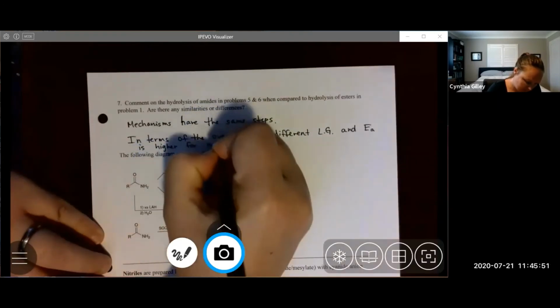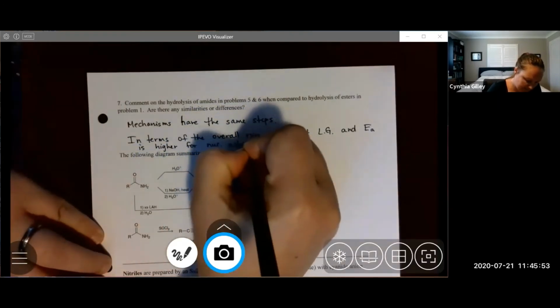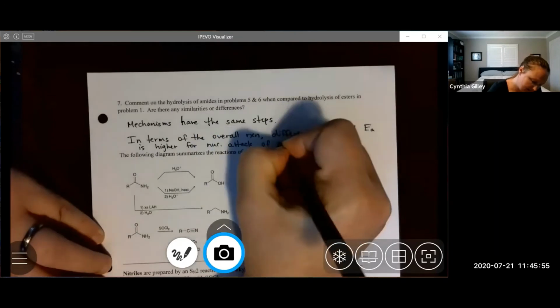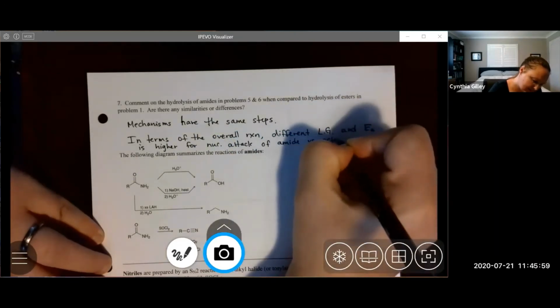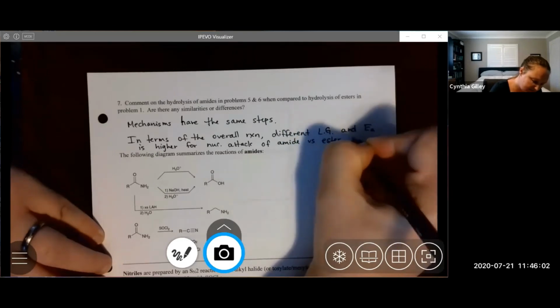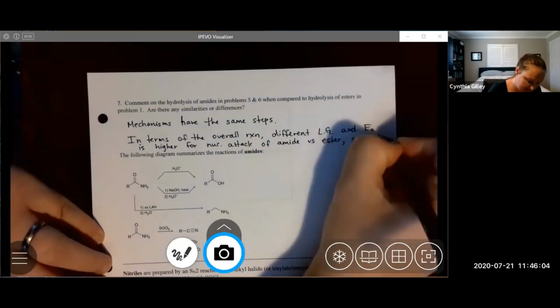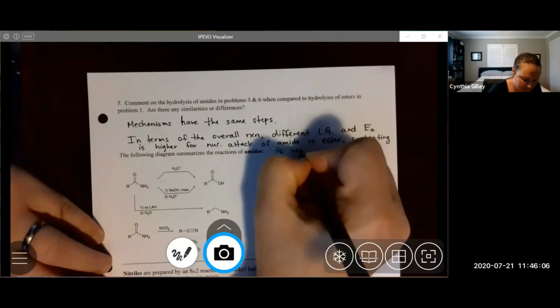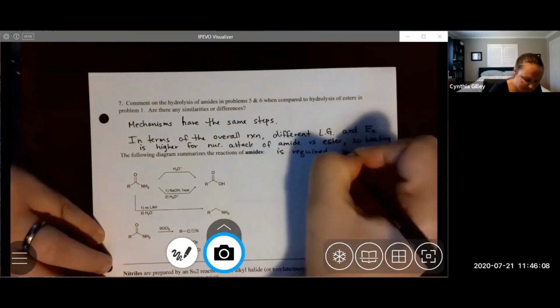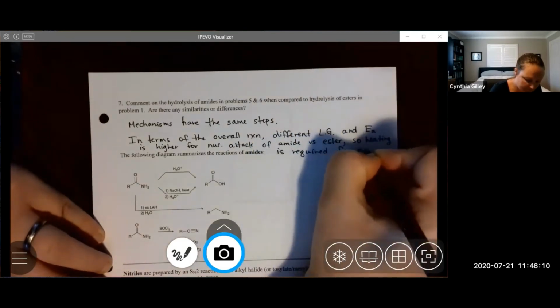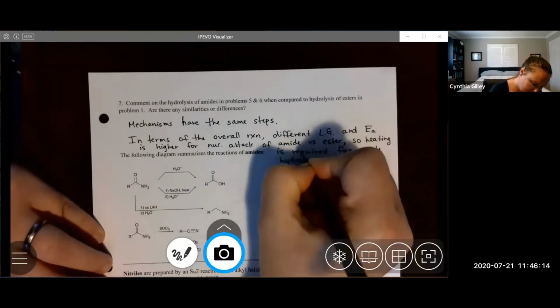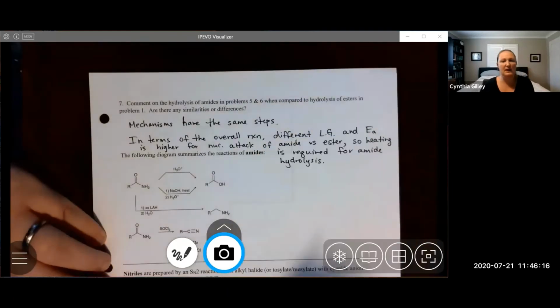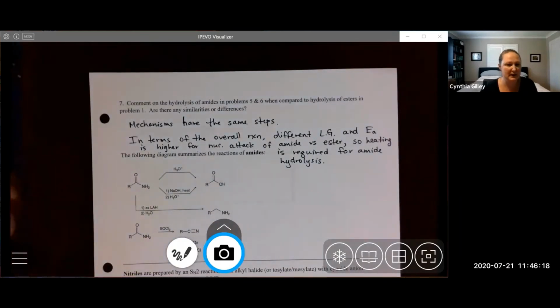For nucleophilic attack of amide versus ester, so heating is required for amide hydrolysis. Or much more heating is required for amide hydrolysis compared to esters. Okay.